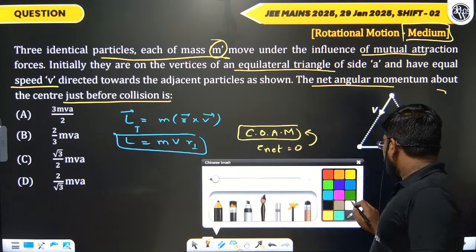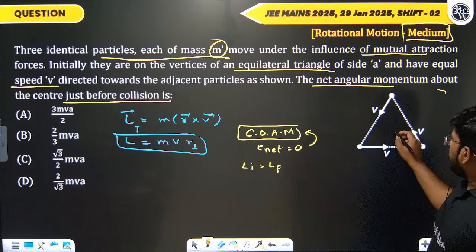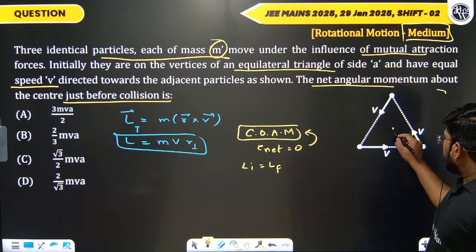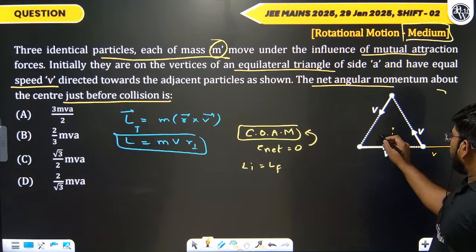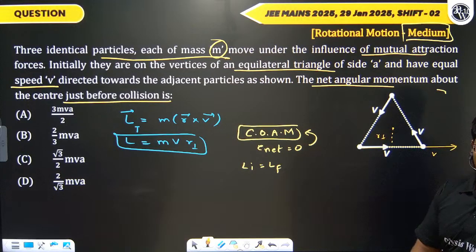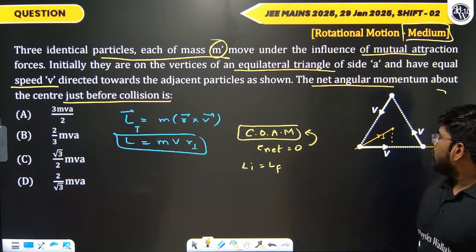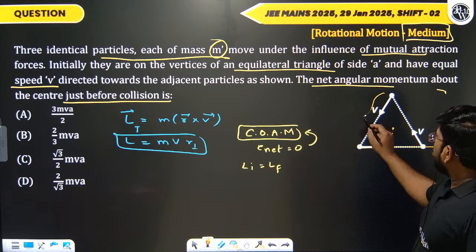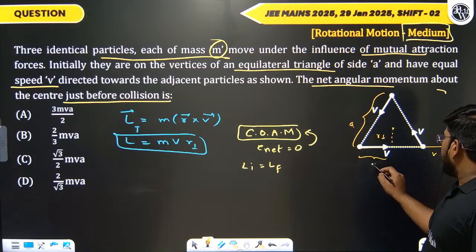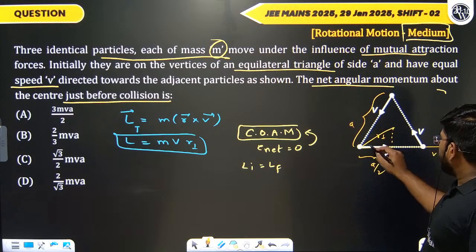If you are calculating angular momentum, we do it for just one particle, then by symmetry we can say the same for the others. For this particle, this is how it is moving, and we need R perpendicular. Again, simple geometry here. We have a triangle and we need R perpendicular. Each side is of length A, so this part will be A by 2. And if we draw, this is 30 degrees.